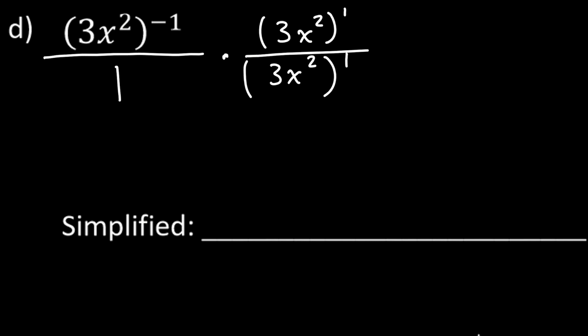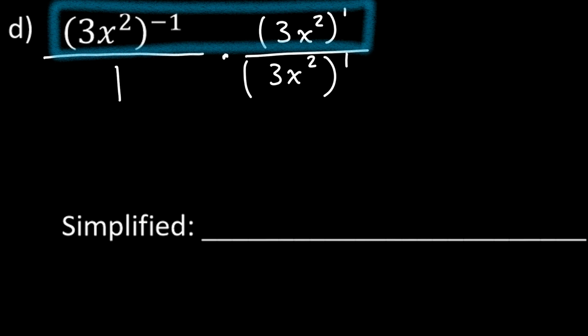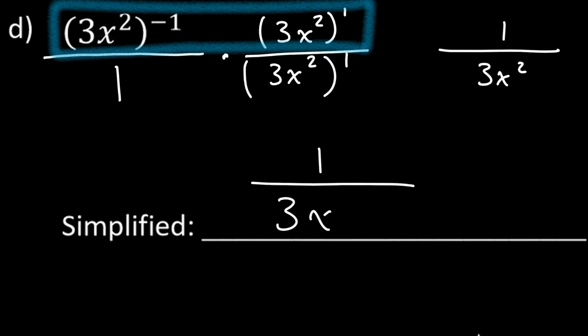So again, I just created the number 1 in the numerator because I've got 3x squared in parentheses to the 0 power, which equals exactly the number 1. In my denominator, when I take this 3x squared and I raise it to this first power, this is just 3x squared. So my answer is 1 over 3 times x, or 3 times x squared.